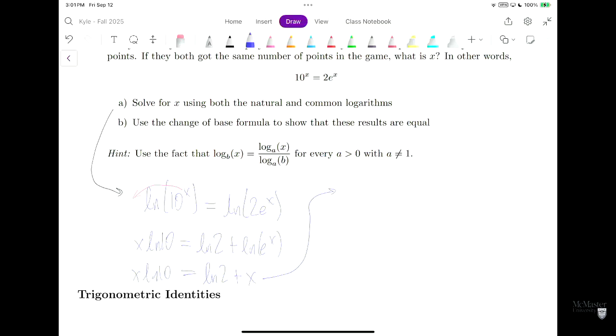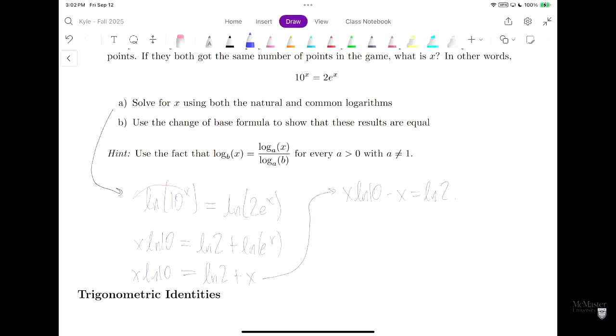What we're going to do is move all of our x's to one side. So we have x ln of 10 minus x is equal to the ln of 2. Since we have x in multiple terms, we can factor out x.